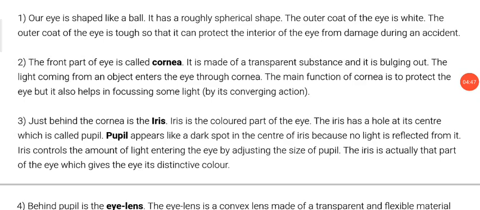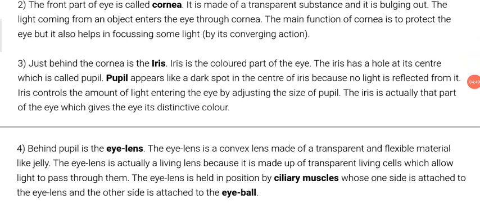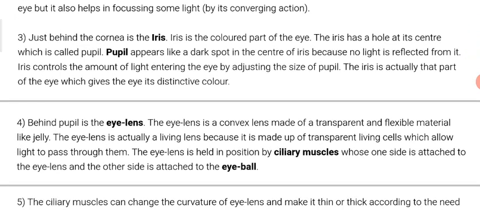Okay. Just behind the cornea is the iris. Now this is a very good thing. Iris is the colored part of the eye. Whatever color we find different people having in their eyes, that is just because of the color of the iris. Like we say someone has brown colored eyes, someone has blue colored eyes, and someone has black colored eyes. Why do we say these things? Just because of the presence of different colors of their iris.